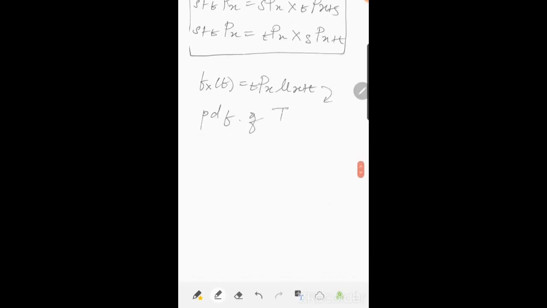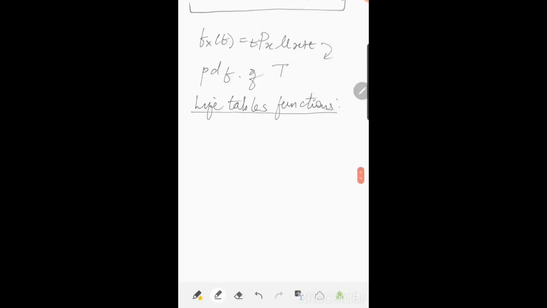Now we look at the life table functions. Under the life table functions, we have some notations that we're supposed to know.